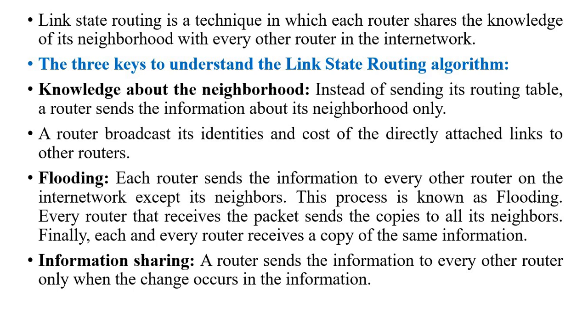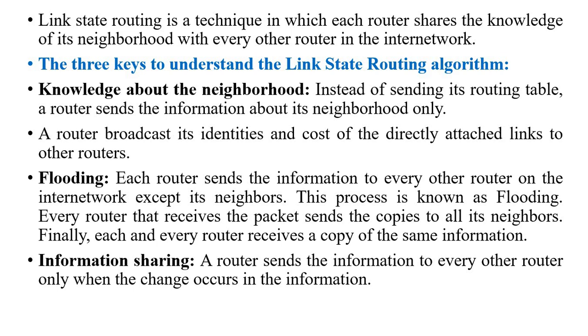A router broadcasts its identity and the cost of the directly attached links to the neighbors. Once this information is collected, it is easy for all the individual nodes or routers to make their updates. The process of sending this routing table to the neighbors is called flooding.